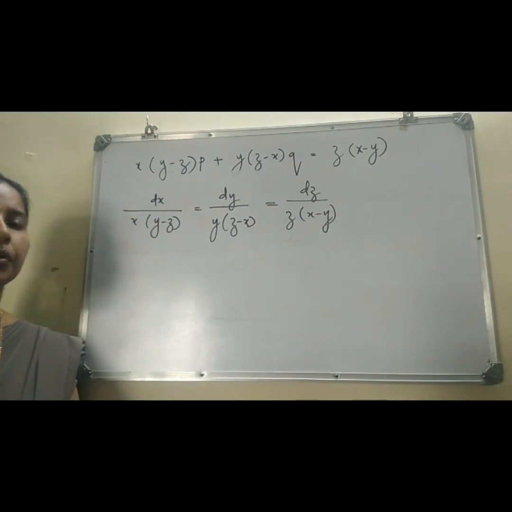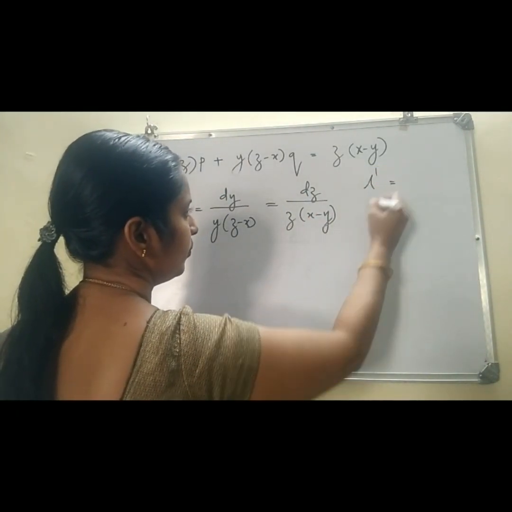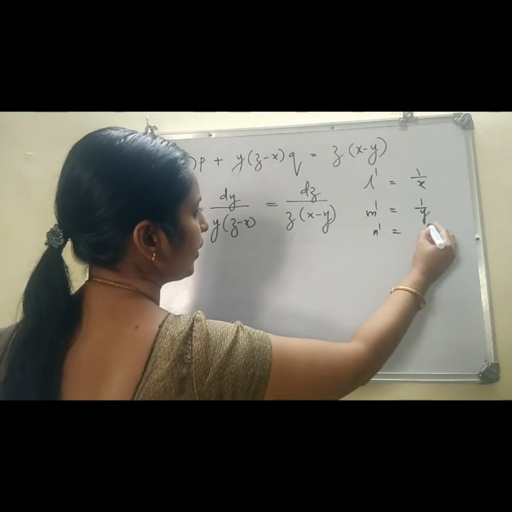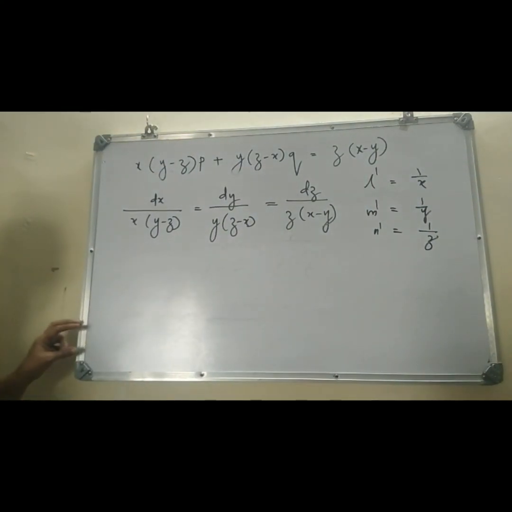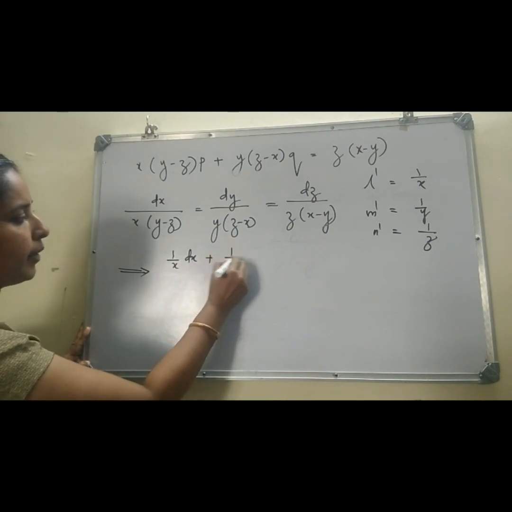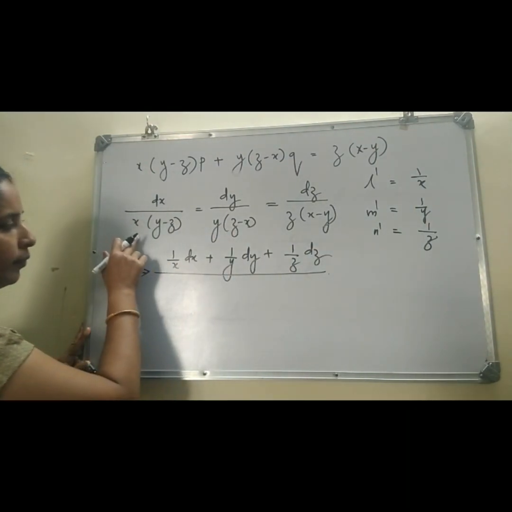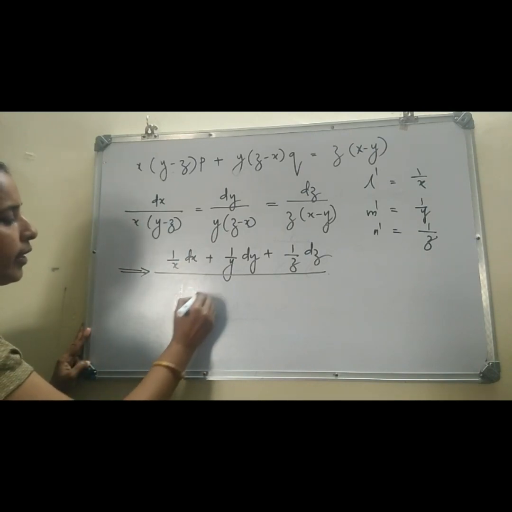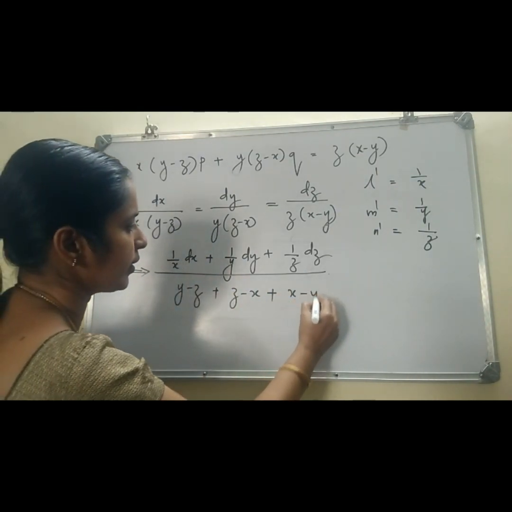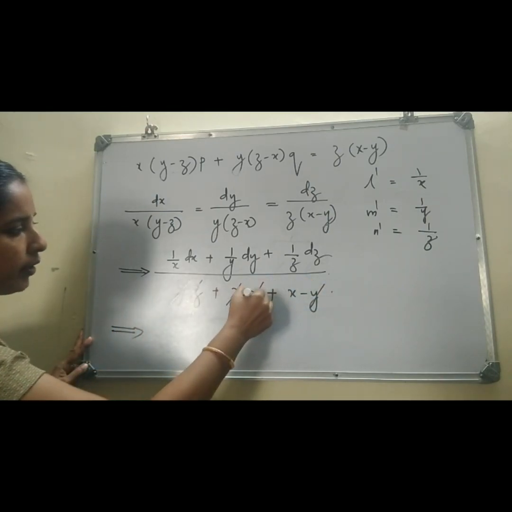Again, we have to find one more solution of the auxiliary equation. For that, you choose the multipliers as L dash as 1 by x, M dash as 1 by y, N dash as 1 by z, which implies L dash dx plus M dash dy plus N dash dz divided by 1 by x into P, that is y minus z, plus 1 by y into Q, that is z minus x, plus 1 by z into R, that is x minus y, which implies, see the denominator is, this cancels with this one, y minus y, so denominator is 0.